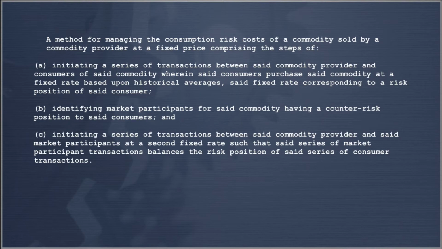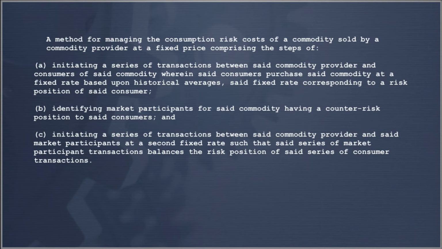The idea is that if you have to purchase a commodity at a particular price in the future, you can lock in prices, reduce risk models by finding people who will buy and sell at a fixed rate based upon historical averages and so forth.